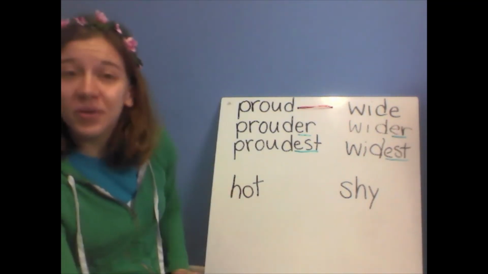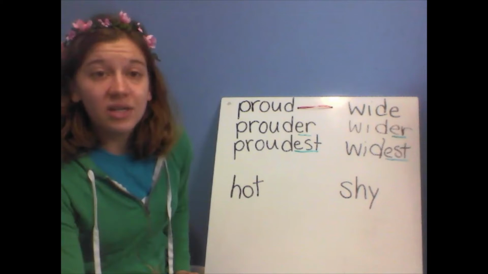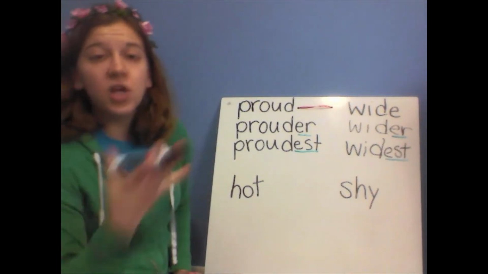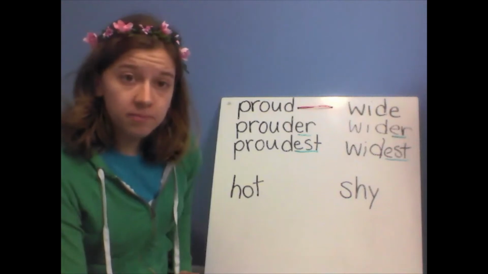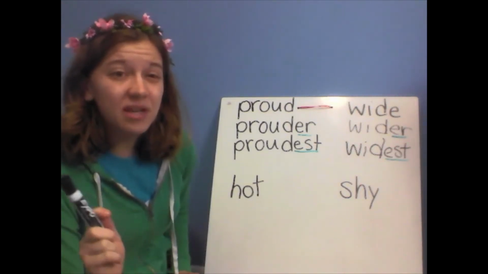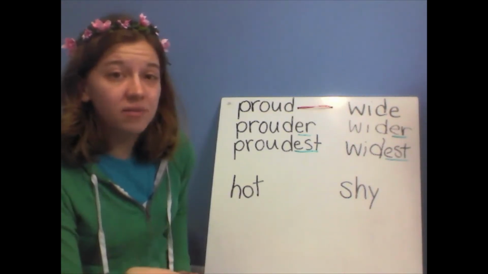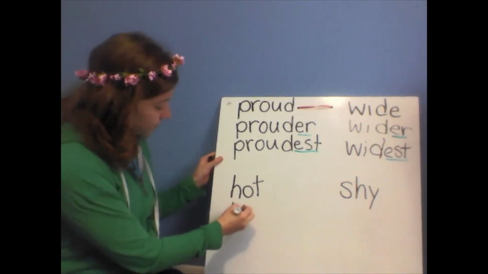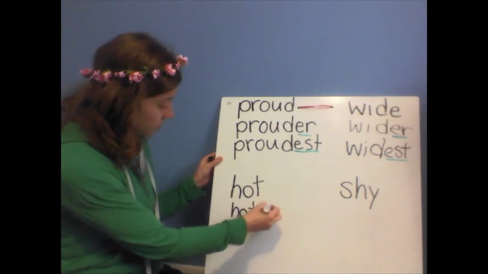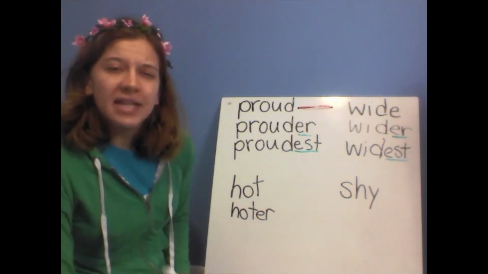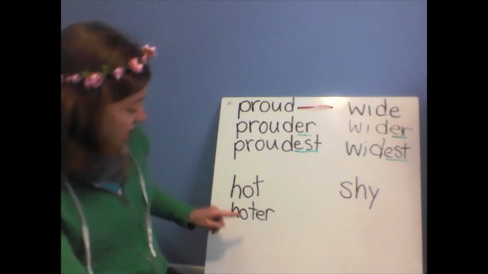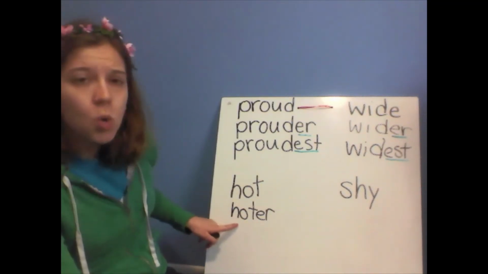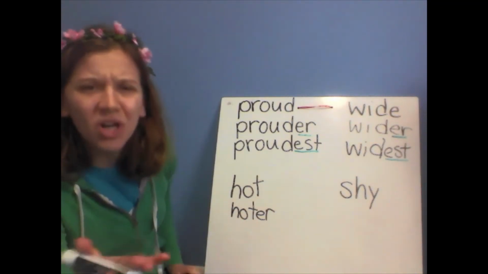But if we were going to use that word, we need to add something to the end of the word hot, right? So if we want to make the word hotter, we need to add something more than just the ER. Because if we just add ER, it's not quite right because now this E looks like magic E. So it looks like it should say ho-ter, which is not a word.